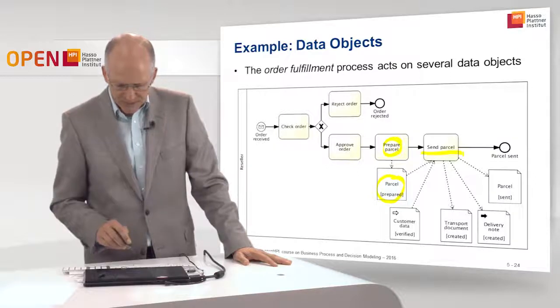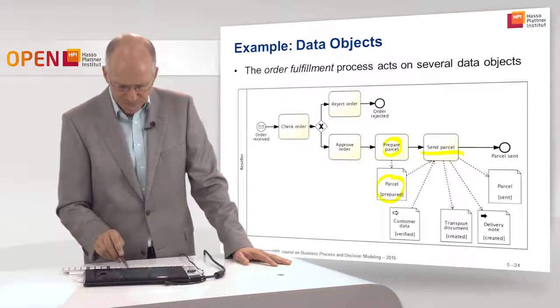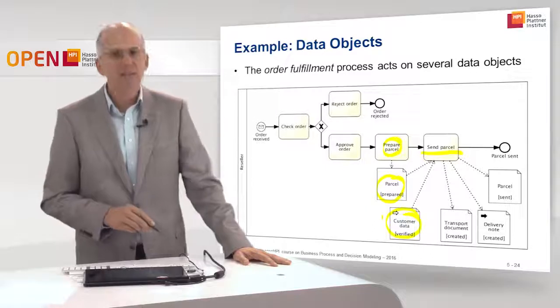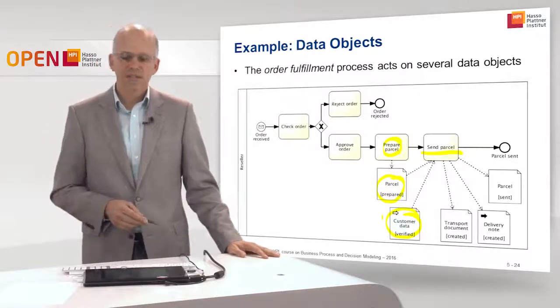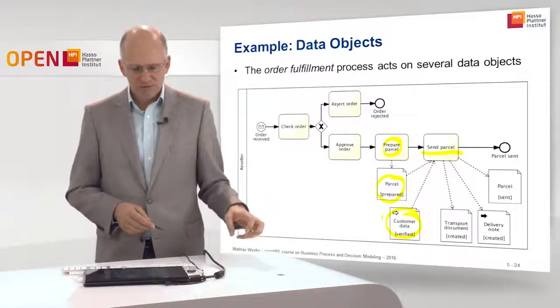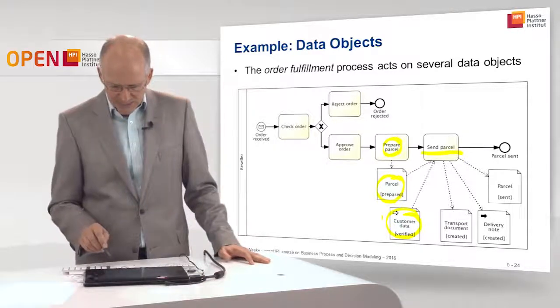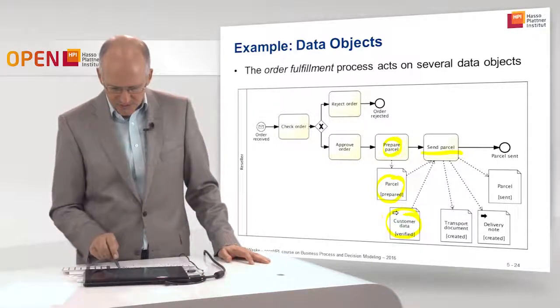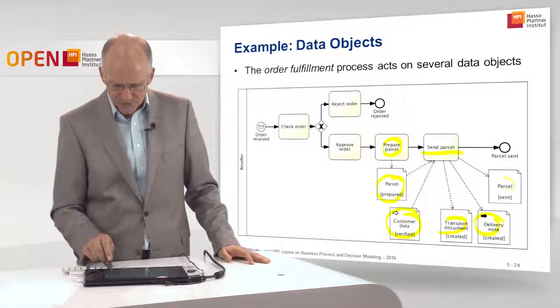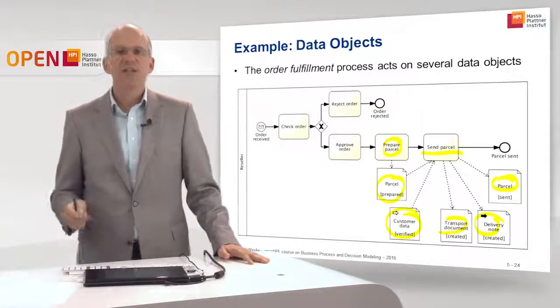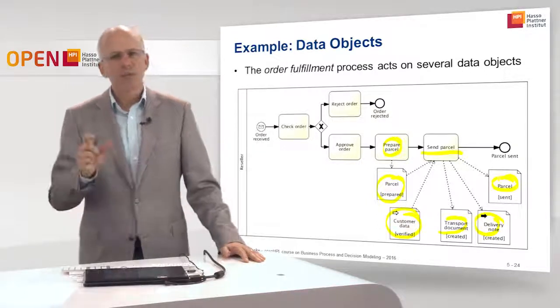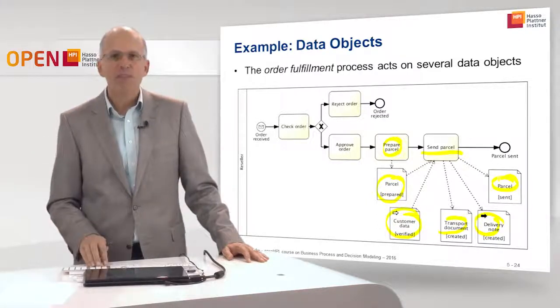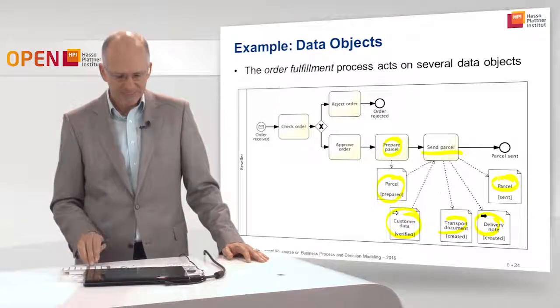We can send the parcel, and sending the parcel also requires the verified customer data, which is data input to this process. It creates a number of things: a transport document, a delivery note, and also the parcel sent afterwards. So that's an example of a business process where we have several data objects represented.